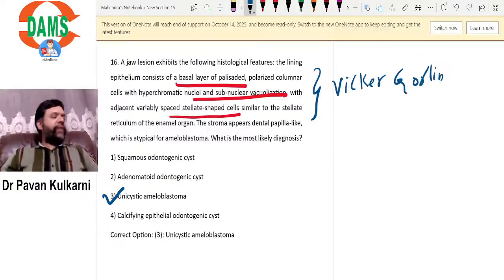All types of ameloblastoma will show Vickers-Gorlin criteria positive. All other options are not types of ameloblastoma.